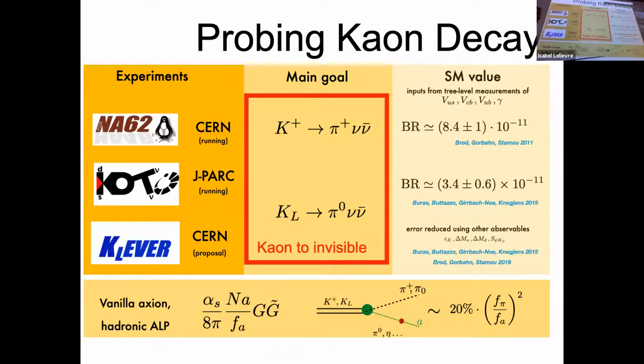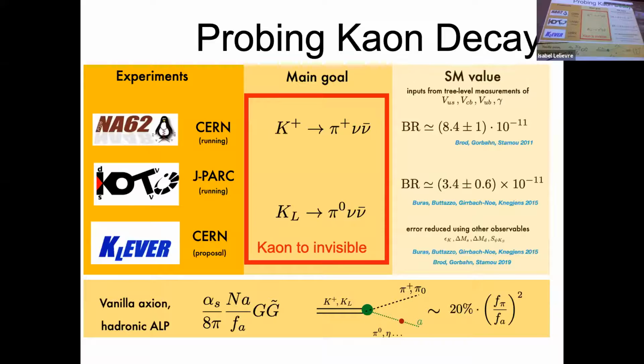There are a few ways you can have kaons decay to other things as well. The idea here is to look for a kaon that decays to a pion, either charged or neutral, and something invisible. There are a few standard model cases where you can have this: a charged kaon can decay to a pion and neutrinos, and a neutral kaon can decay to a pi naught and neutrinos.